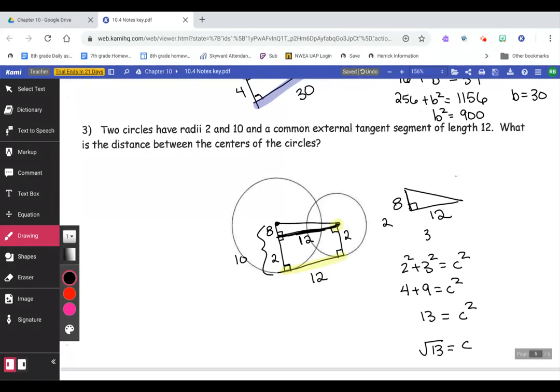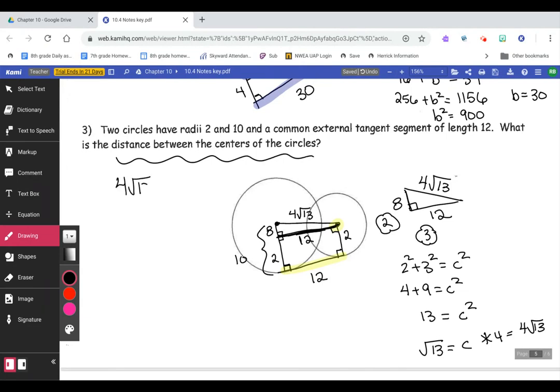But you have to remember that you divided by 4 to get to those smaller numbers. Therefore, you'd have to multiply by 4 to get to your final answer of 4 root 13. So your hypotenuse would be 4 root 13. And that's what I believe they're asking you to find. What is the distance of the centers of the circles? It is 4 root 13.